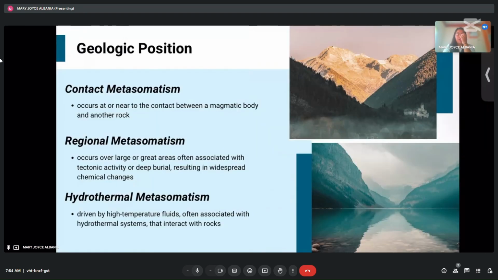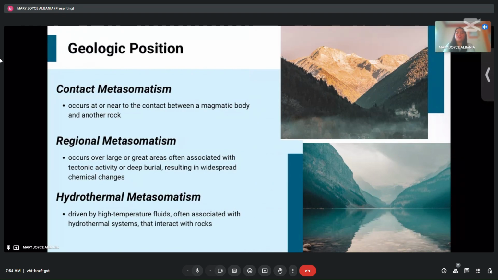So next, we have the next basis, which is the geologic position. For the geologic position, we have three: contact, regional, and hydrothermal metasomatism. Contact metasomatism occurs at or near the contact between a magmatic body and other rock. And then regional metasomatism occurs over large or great areas, commonly from alkaline metasomatic rock during the magmatic and early post-magmatic stages.